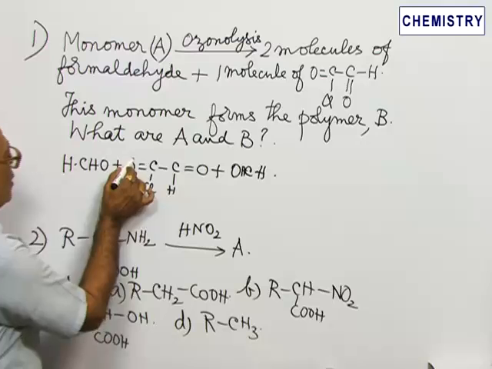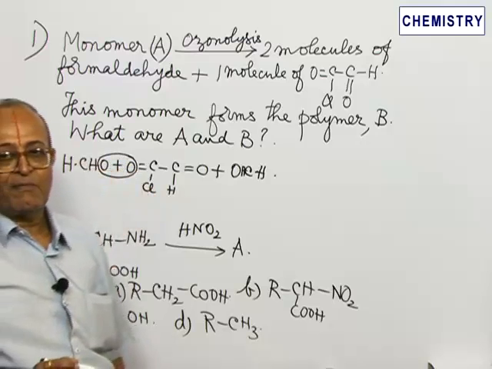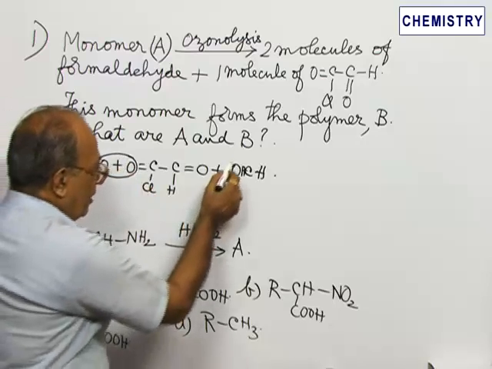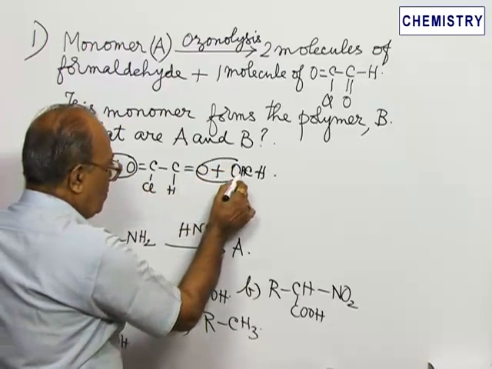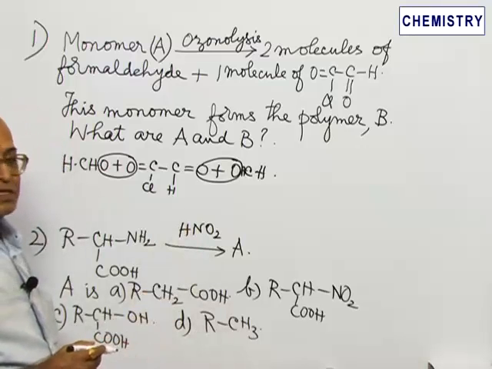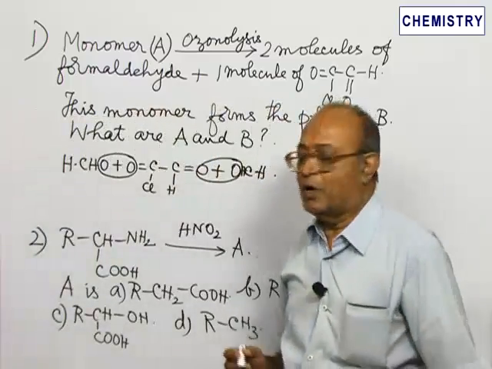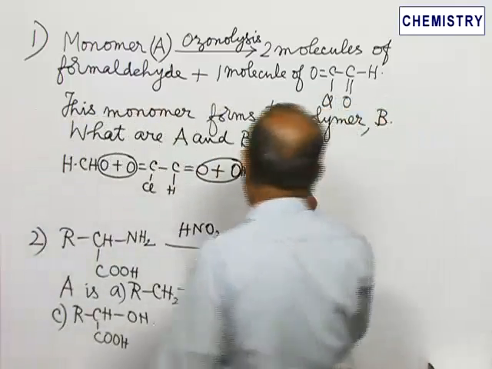Simply you remove these 2 oxygens. Similarly, here also remove these 2 oxygens and write the compound resulting from this.